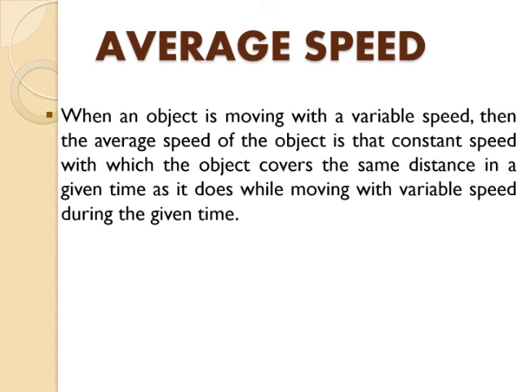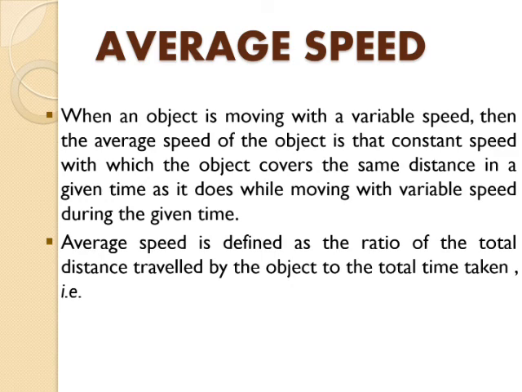And now we talk about average speed. When an object is moving with a variable speed, then the average speed of the object is that constant speed with which the object covers the same distance in a given time as it does while moving with variable speed during the given time.